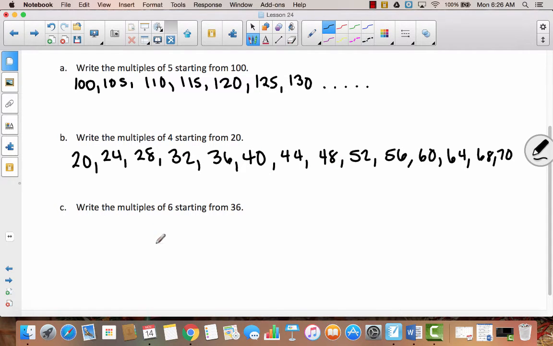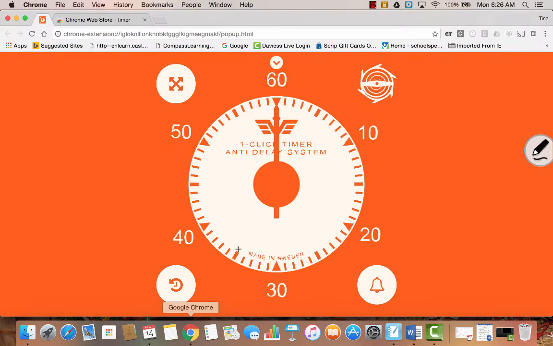All right, so now we're going to write the multiples of 6 starting from 36. So you're going to count by 6s, starting at 36. And let's see if you find any patterns when counting by 6s. So again, I'm going to time you for 1 minute.